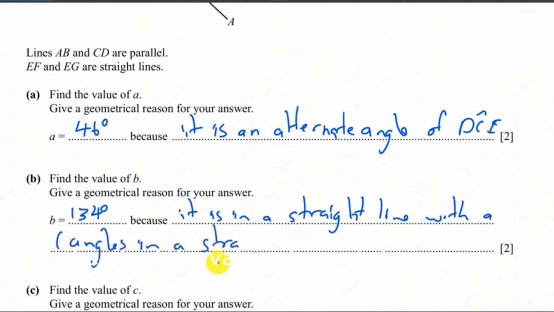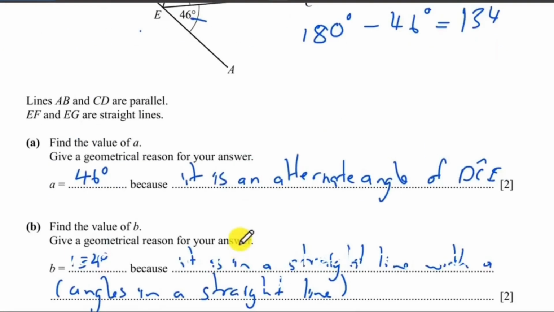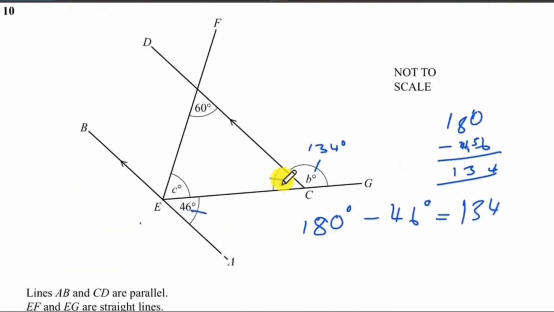Then find the value of C and also give a reason. So now we found the value of A, we found the value of B. We can use many theories here. You can see that this forms a triangle and the sum of angles in a triangle is 180. So you can simply say C is equal to 180, which is the angle sum, minus 60 plus 46 degrees.